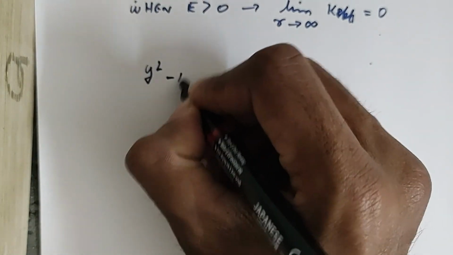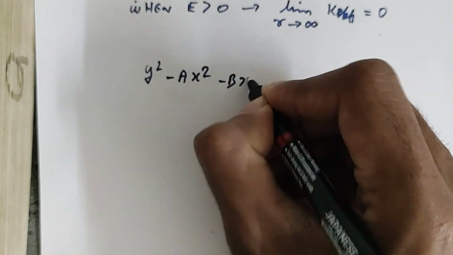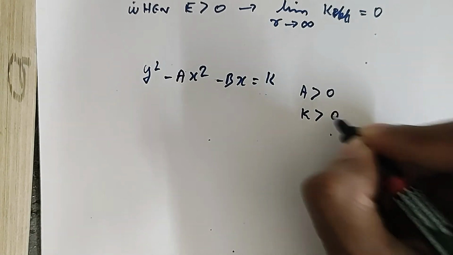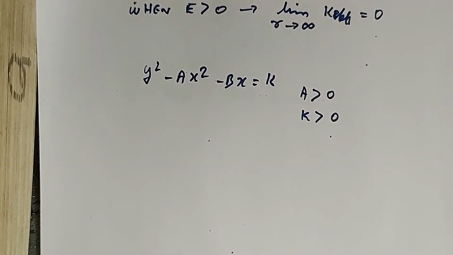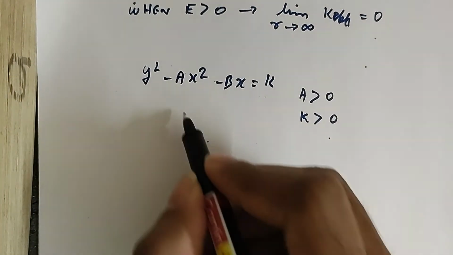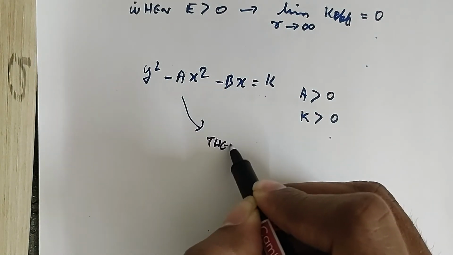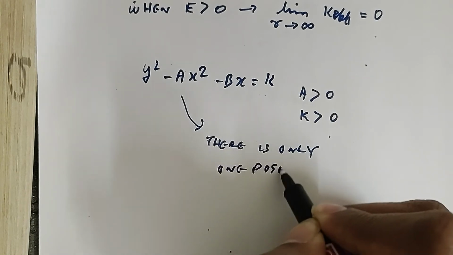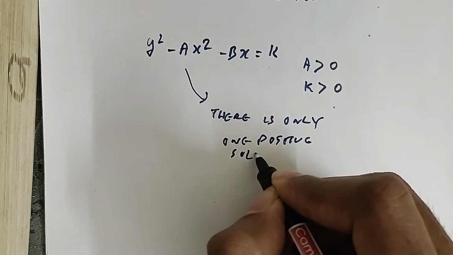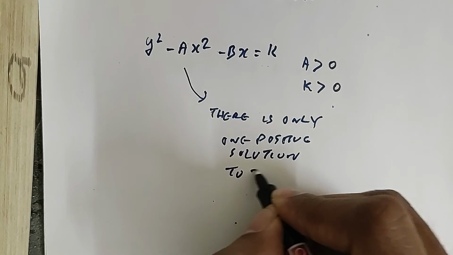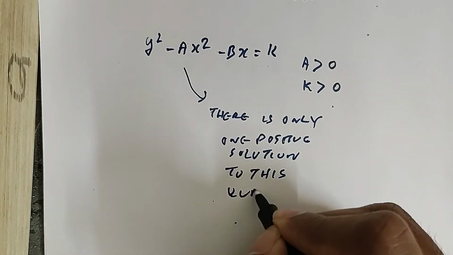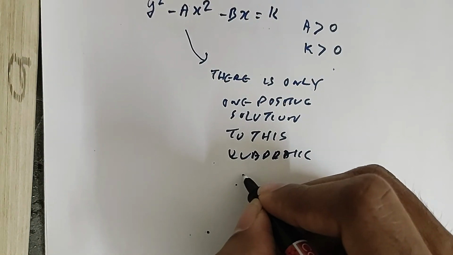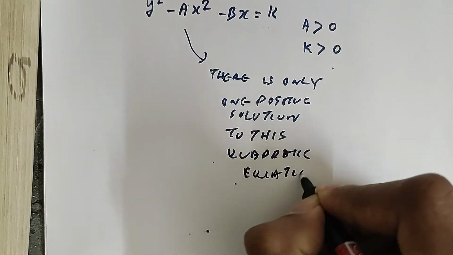Similarly, I'll do so from there. I'm taking this equation, Bx is equal to k, where I also define a is greater than 0 and k is greater than 0. Now there is only one positive solution to this quadratic equation.